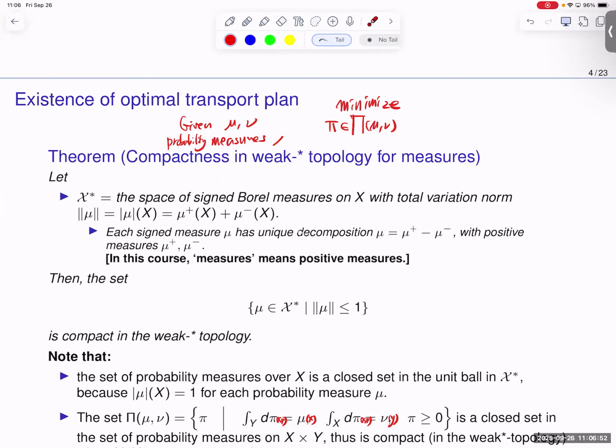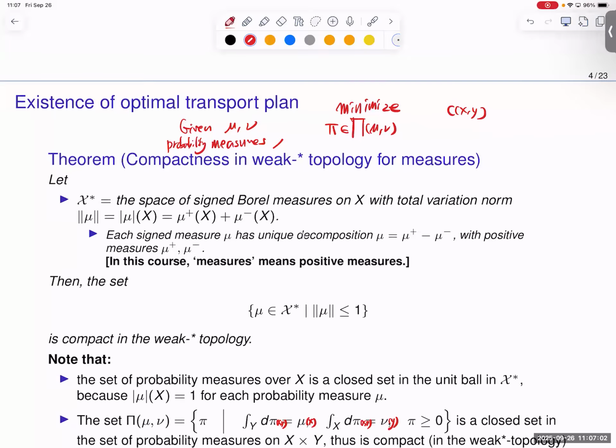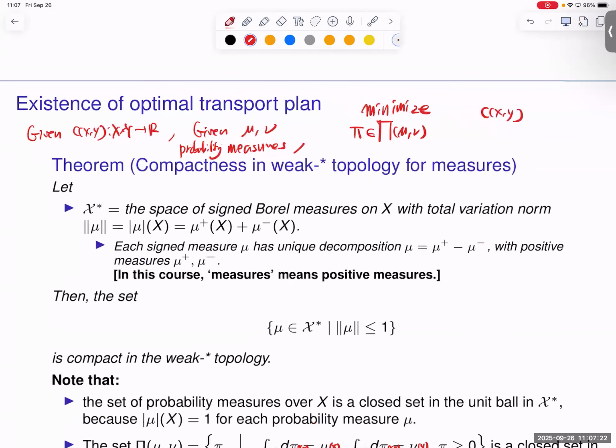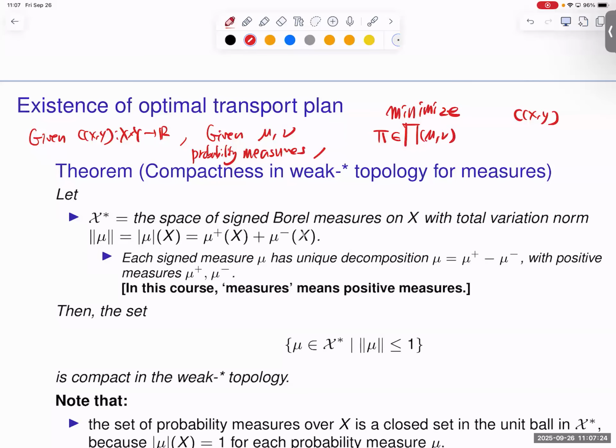And our objective function is, so you first need to consider cost. Not only are mu and nu given, but also the transportation cost function is given. It's a function defined on the X times Y product space, and sometimes it may have infinite values.